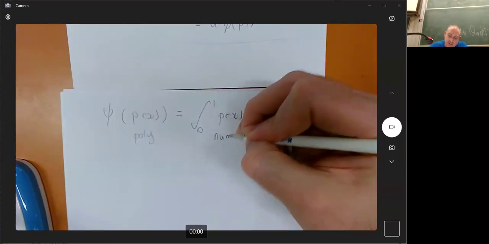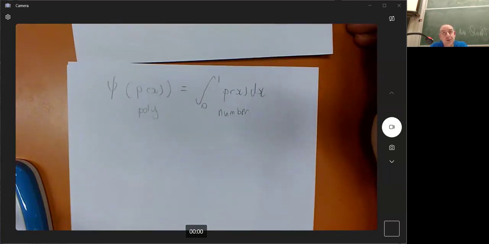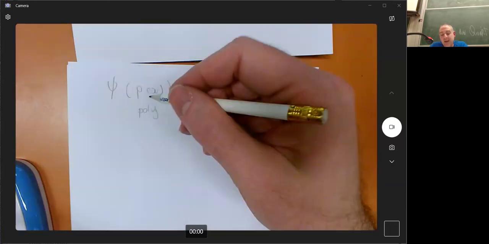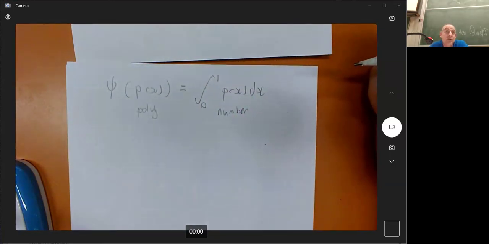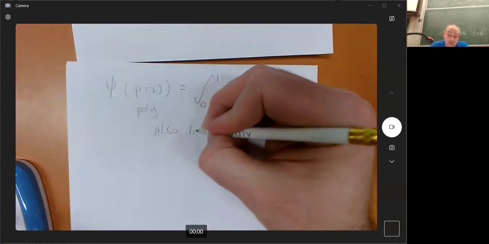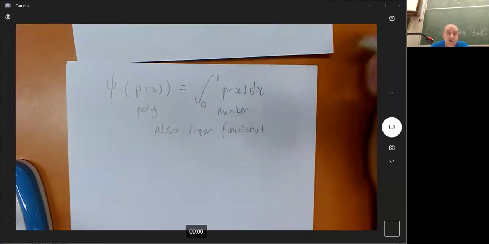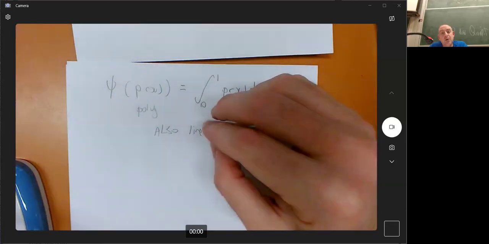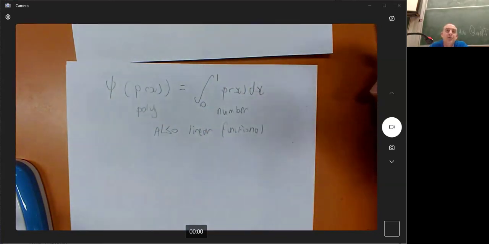This is a number. If you add and then integrate, you'll get the same answer as if you integrate and then add. That's how integration works. So also a linear functional. So any function that always does the same definite integral of everything you put into it is a linear functional in this vector space, which is kind of weird and cool.